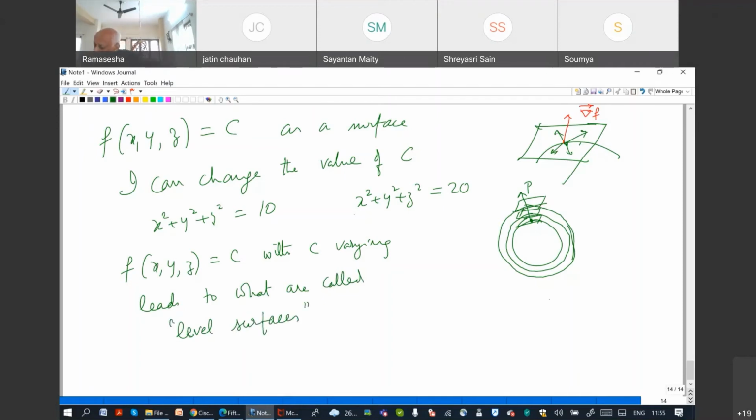This is one level surface, this is another level surface, a third level surface, and you see that the direction of grad f is perpendicular to all the level surfaces. Any questions?